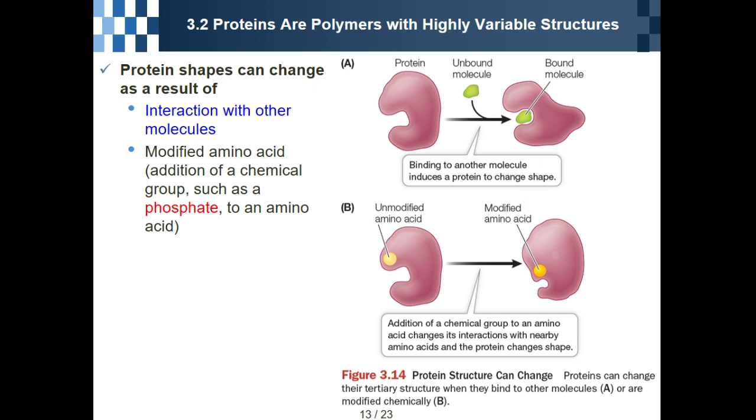After that, this protein molecule can be changed like this. Only one phosphate is added, so it can be activated.